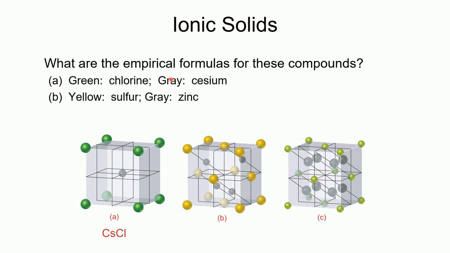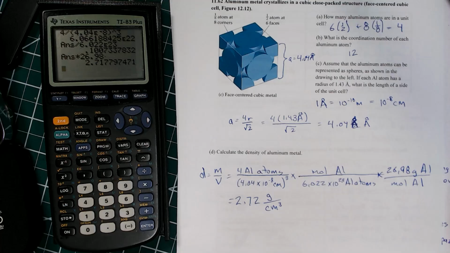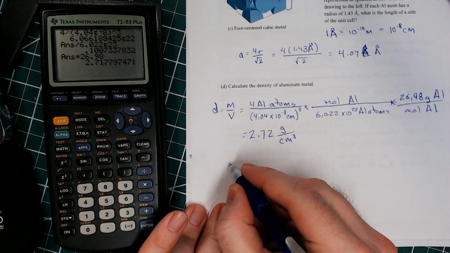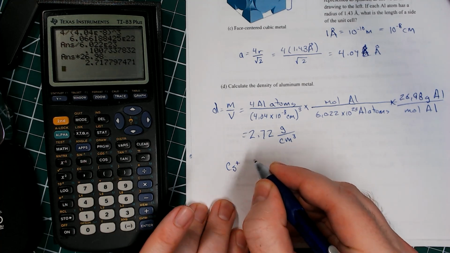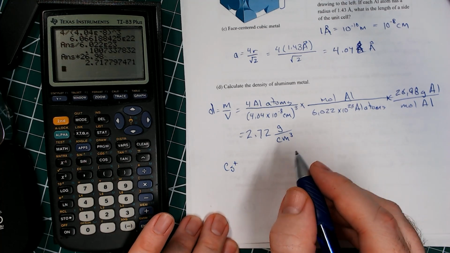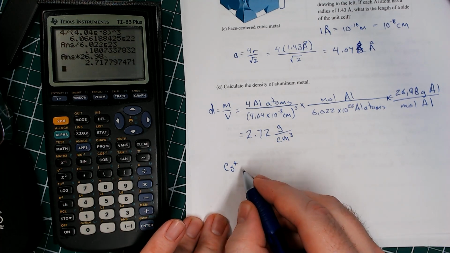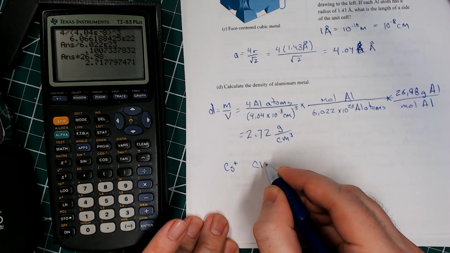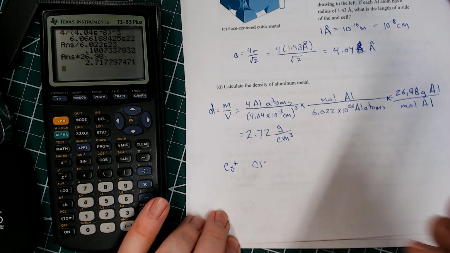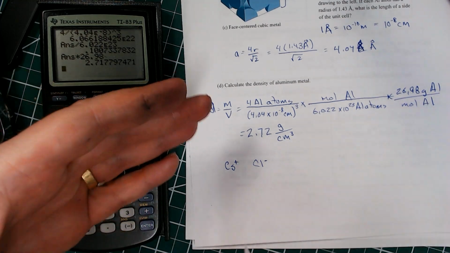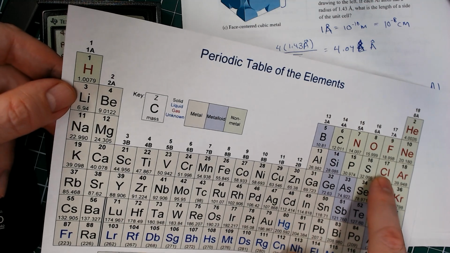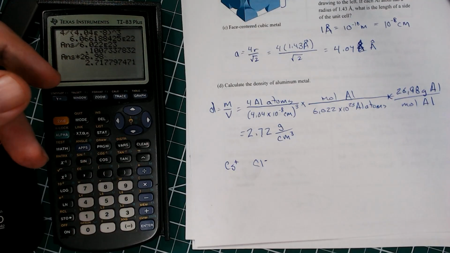Now, of course, you guys could have figured this out in a different way, because I'm going to come back over here to this page, because you know that cesium is in group 1, so it has a positive 1 charge, and chloride is in group 7, so it has a negative 1 charge. And just so everybody's clear, there's cesium over there in group 1, chloride's in group 7, so it has a negative 1.